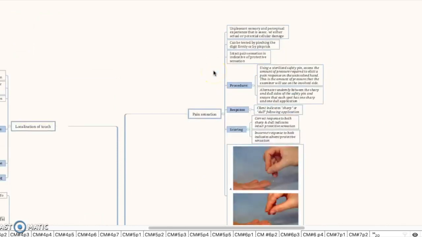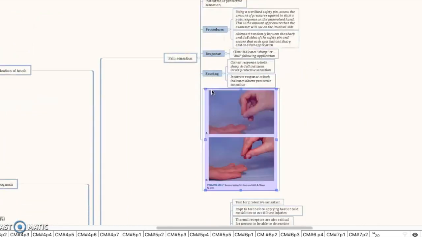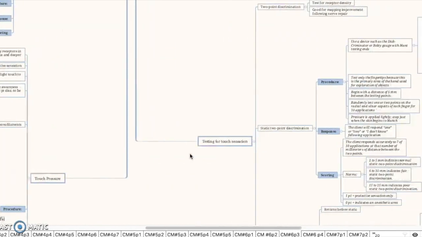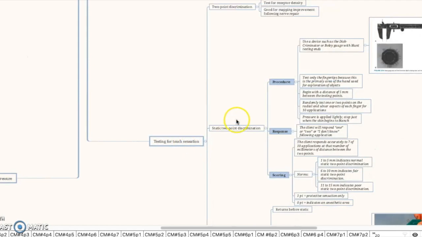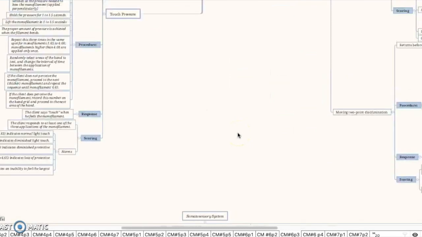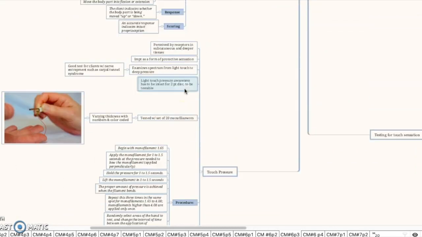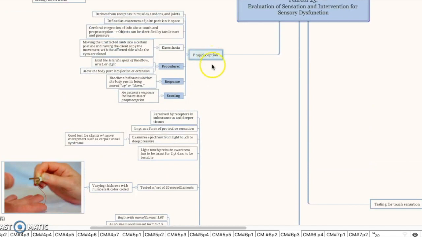So we have the different types, including pain sensation and the procedures for that, temperature awareness, using thermal test tubes, testing for touch sensation, again, 2-point discrimination, static and moving, touch pressure and how to do that with the monofilaments, and proprioception as well.